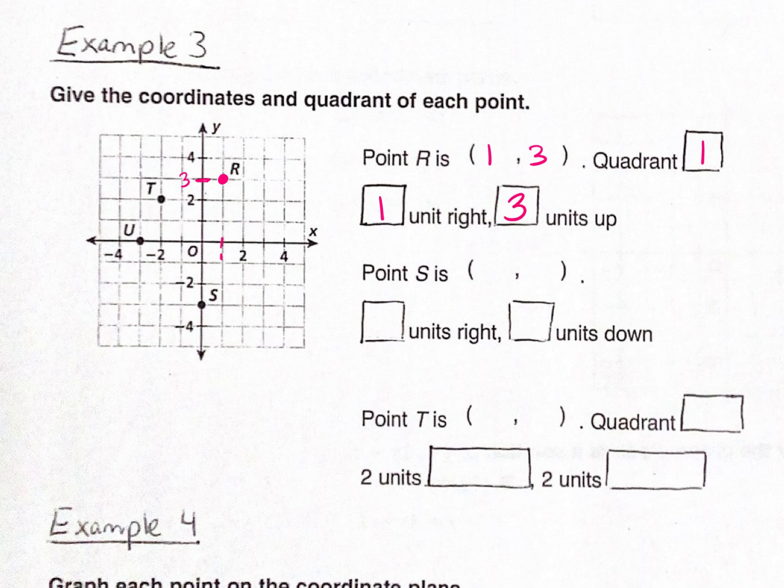Point S is found here. That is the point (0, -3). It's found by going nowhere left or right and going down 3 units. This is not in a quadrant. This is on the y-axis.